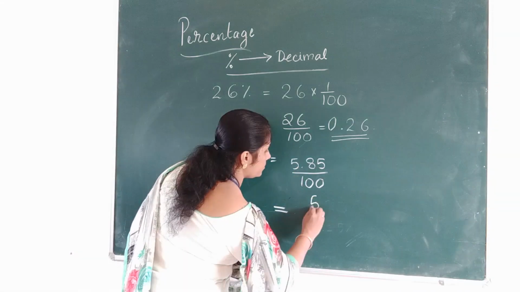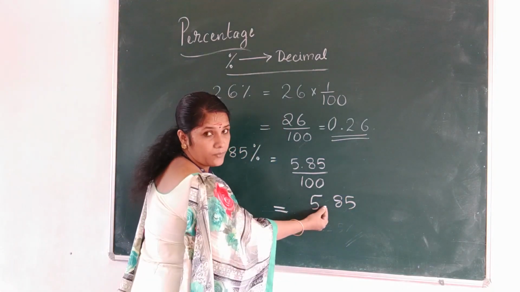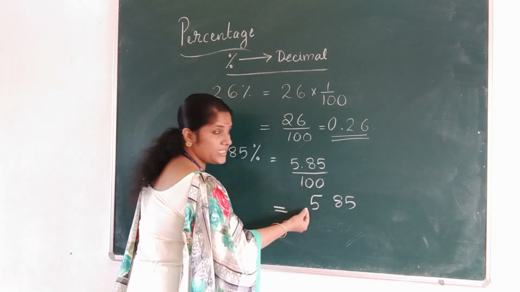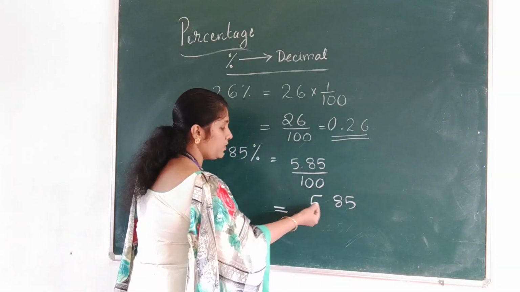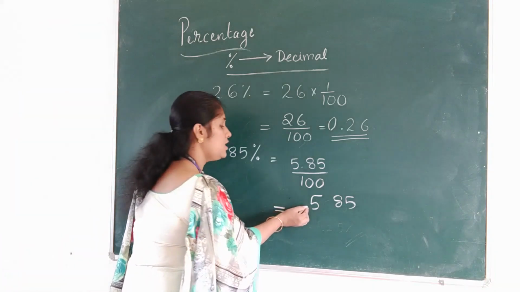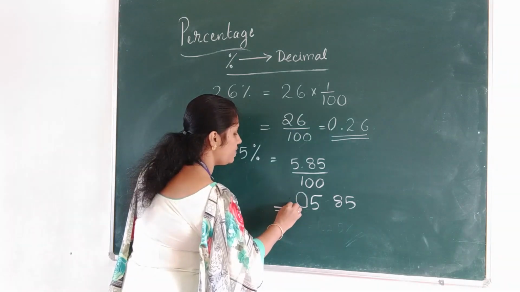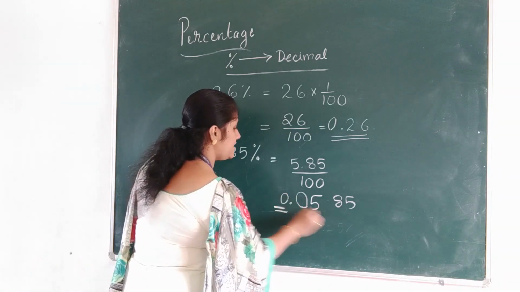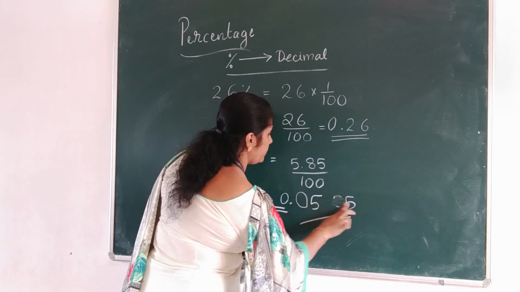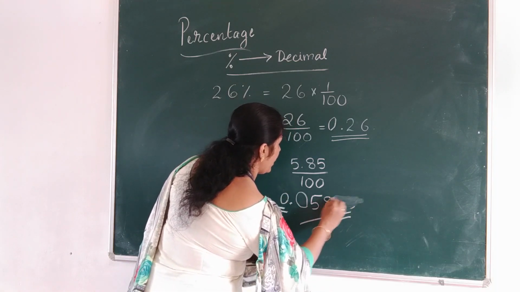So let's start from here, moving towards the left side by 2 jumps. After 1 jump, there is no number here. So let's write 0 and put the decimal sign here. So the answer is 0.0585.